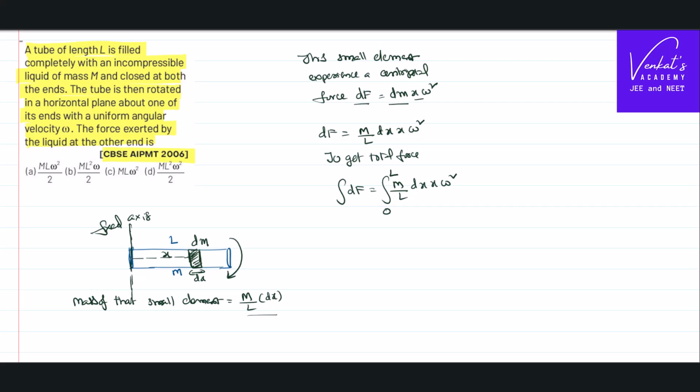Because this element could start from here and end here, it could be 0 to L. The integral of dF is F, M by L is constant, and omega is also constant. It was given that it has a uniform constant angular velocity. So what's remaining is the integral of x dx from 0 to L.